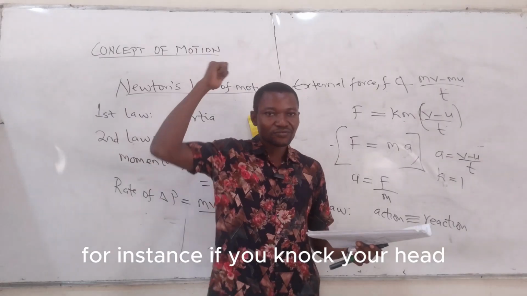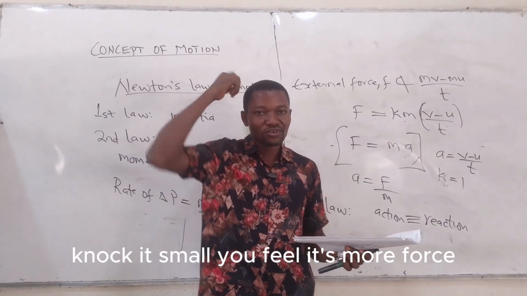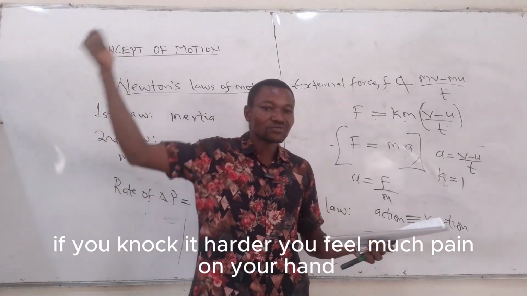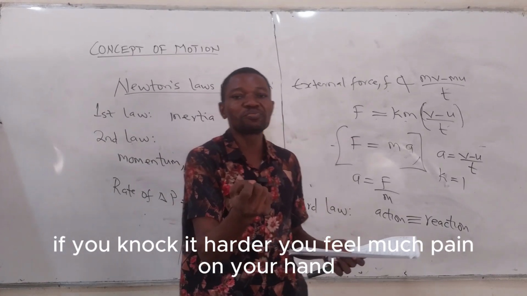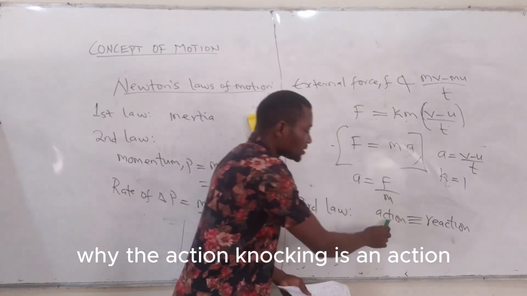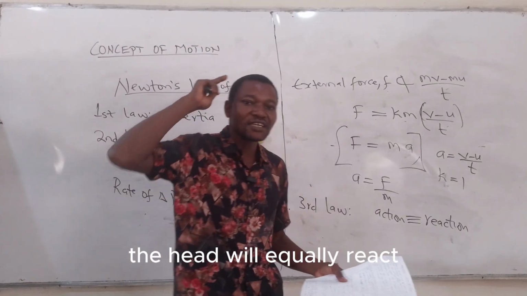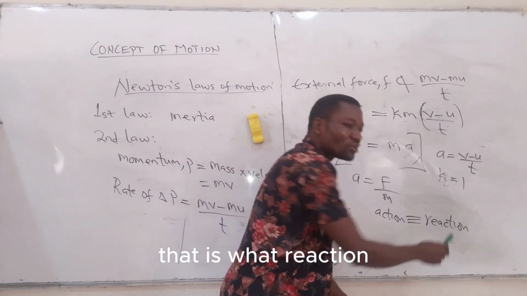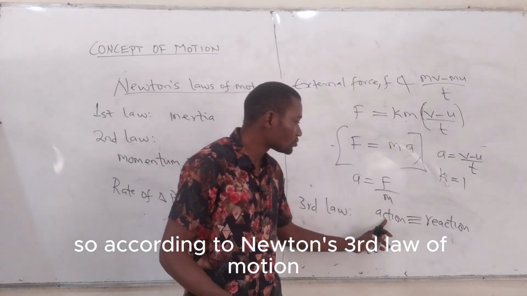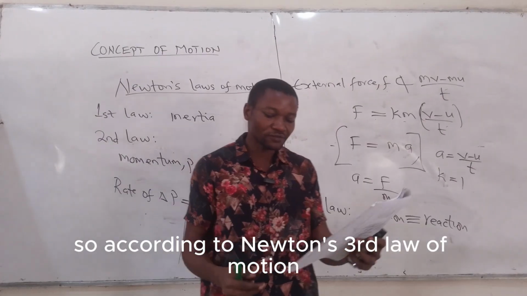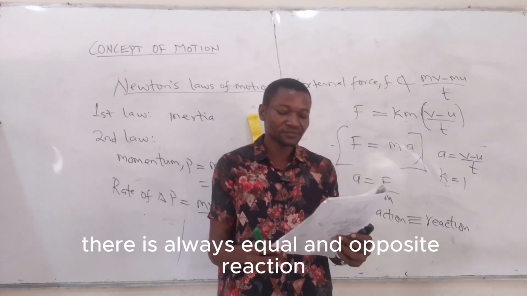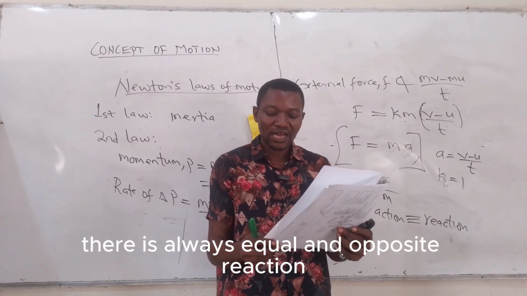For instance, if you knock your head, knock it small, you feel a small force. If you knock it harder, you feel much pain on your hand. Why? Knocking is an action. Then as you knock, the head will equally react. That is the reaction. So according to Newton's third law of motion, to every action, there is always an equal and opposite reaction.